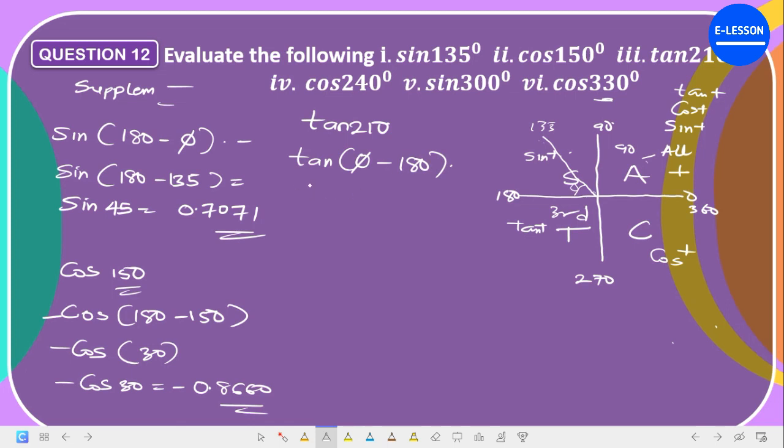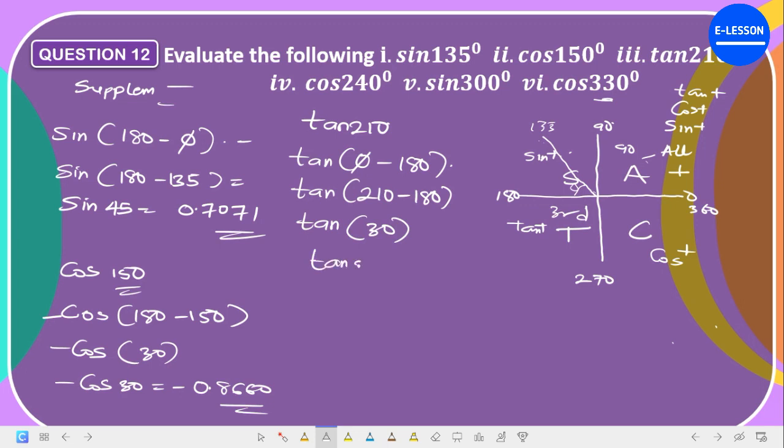Now what do we have there? You have 210, so this becomes tan of 210 minus 180. Note that it's positive, so we don't need to add a negative there. Tan of 210 minus 180 is tan 30.